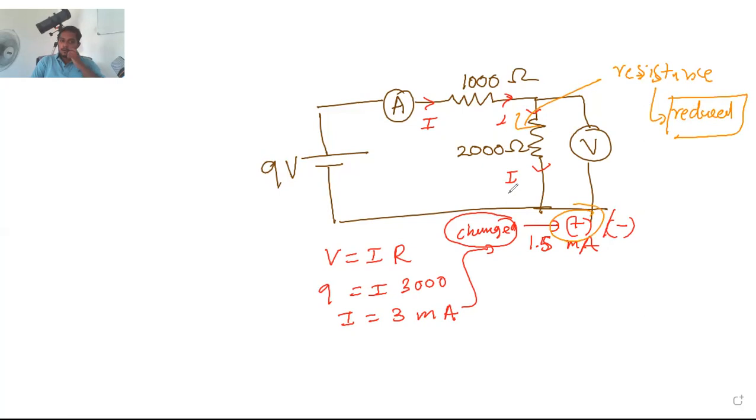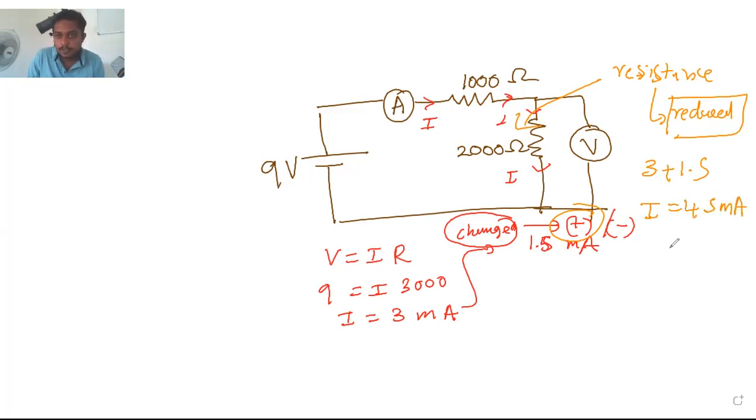So after you remove this, the resistance increases. After you put this, resistance decreases. So earlier the current has to be 3 plus 1.5, which gives us 4.5 milliamps.